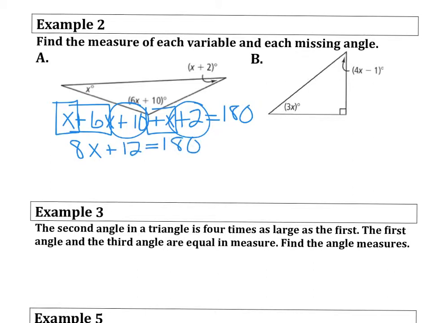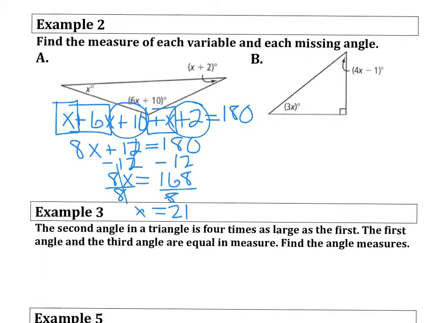Now it's just a standard 2-step equation. And so from here I would start by subtracting my 12 from both sides. And I would find that 8x is equal to 168. Divide by 8. And I would find that x is equal to 21.